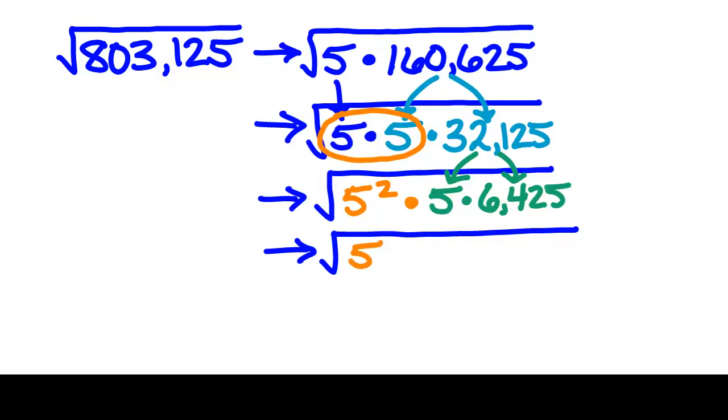Yes. This would be times 5. And then times, what is 6,425 divided by 5? 1,285. Let me fix this here.